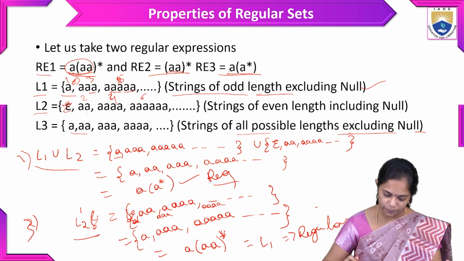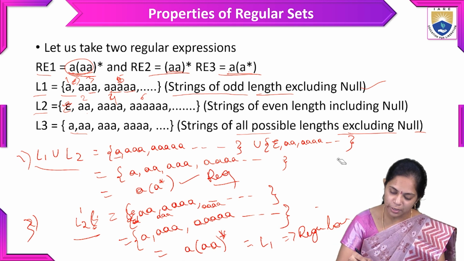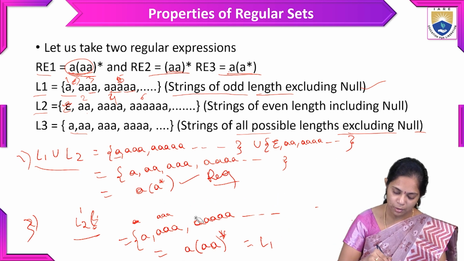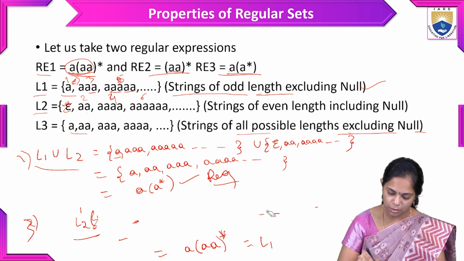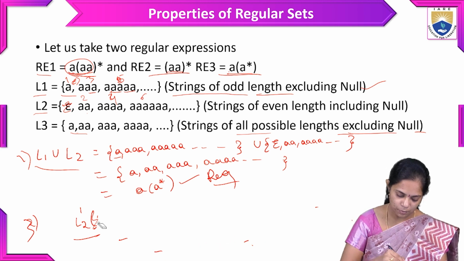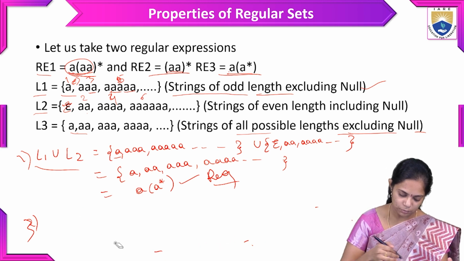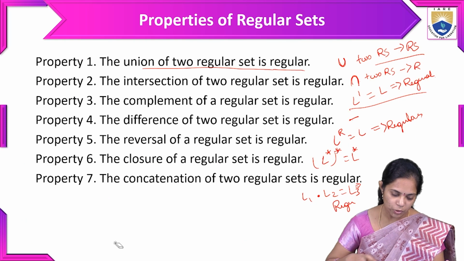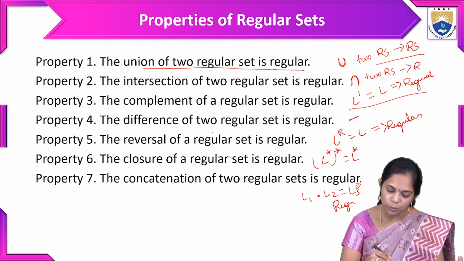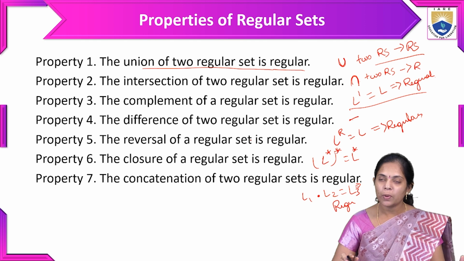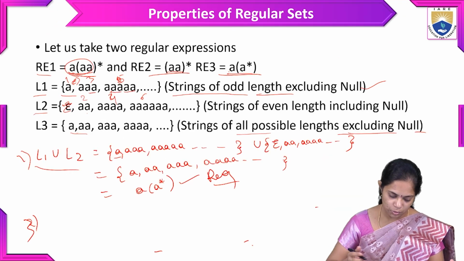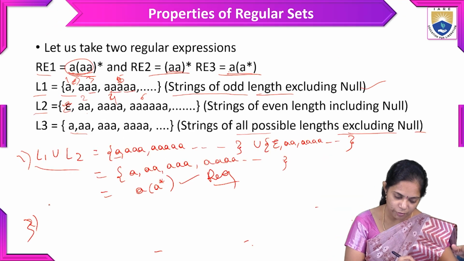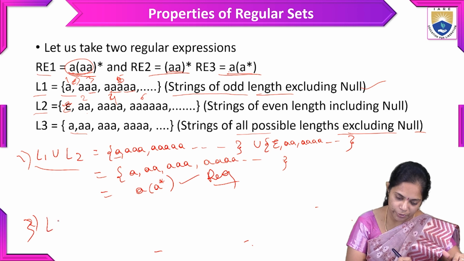And the next property: the difference of two regular sets is regular. How do we denote the difference? L3 minus L2.